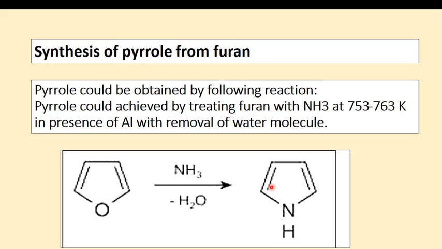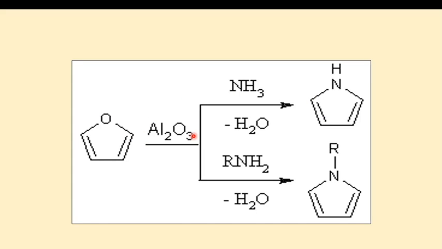So these all are the synthetic methods which are used to synthesize pyrrole. Then in presence of Al2O3, if you use just NH3, then you will get pyrrole, and if you take an alkylamine, if you take an R group along with NH3, then you will get substituted pyrrole at first position.